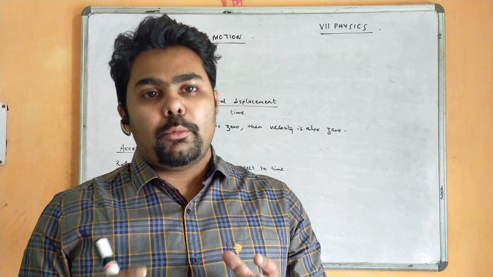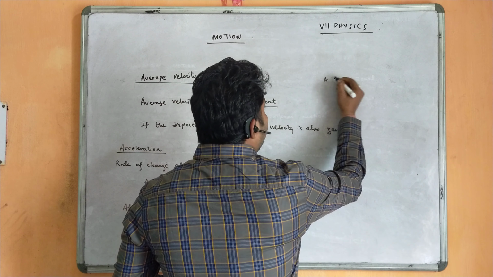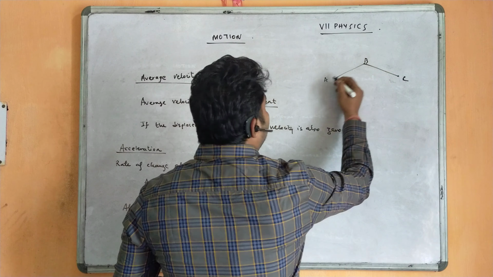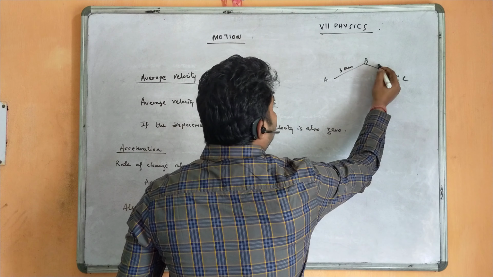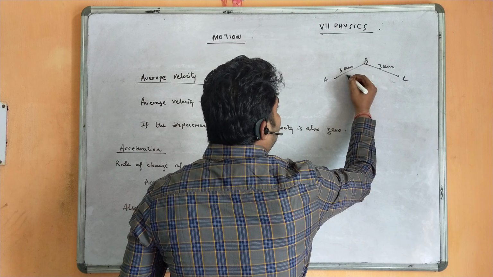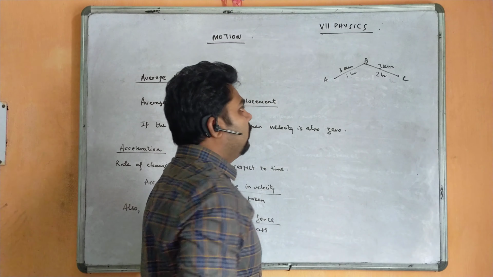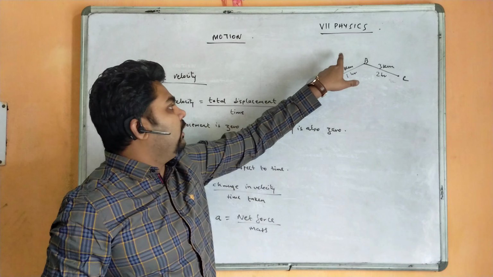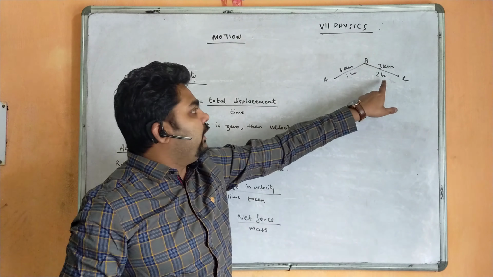Okay, if a body is moving from a certain point, suppose A to B, 1 hour, and here suppose 2 hours. A car is moving from A to B, covering 3 km in 1 hour, and from B to C covering 3 km in 2 hours, right?